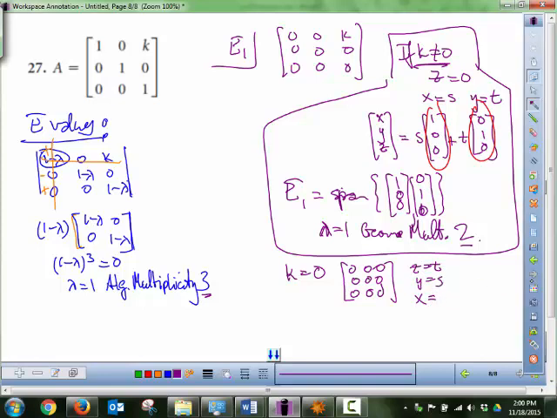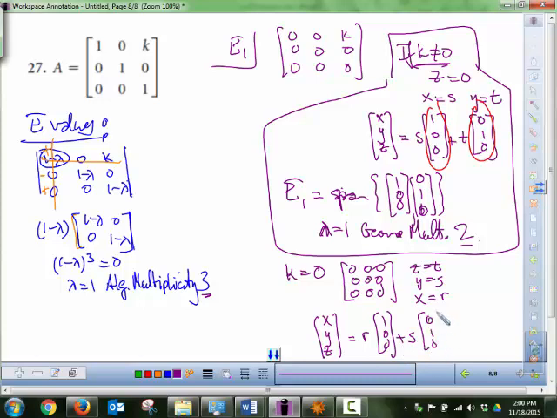What should we call it? R. That's the one right before s, right? R. And in which case, I don't think we have to write this down anymore, but just to make it clear, R times 1, 0, 0 plus S times 0, 1, 0 plus T times 0, 0, 1.